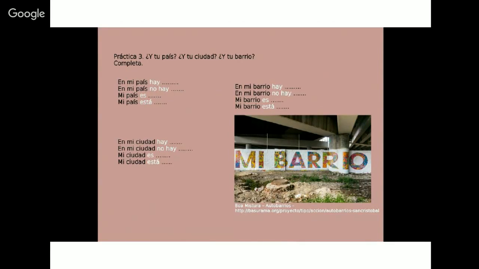Ok, es la más grande en el oeste. Oeste de Canadá. Ok, perfecto. Y mi ciudad está cerca de la playa y las montañas. Ok, cerca de la playa y las montañas. Ok, perfecto.